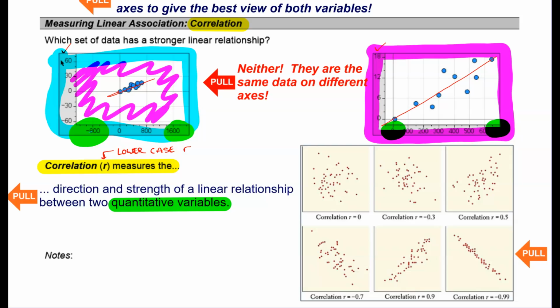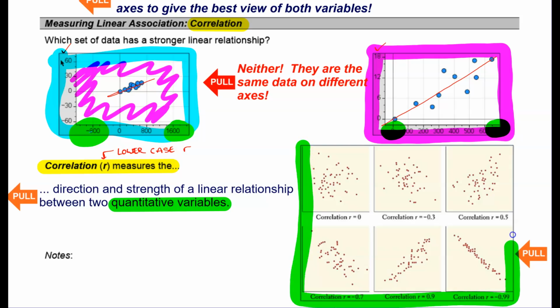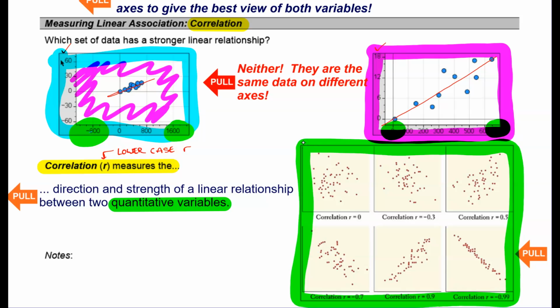In the picture here on the right, directly out of the textbook, there's a bunch of different values of correlation for different scatter plots, and we show one with a correlation of 0, which means that there is zero linear relationship between those variables. Notice that it is the direction and strength of a linear relationship.